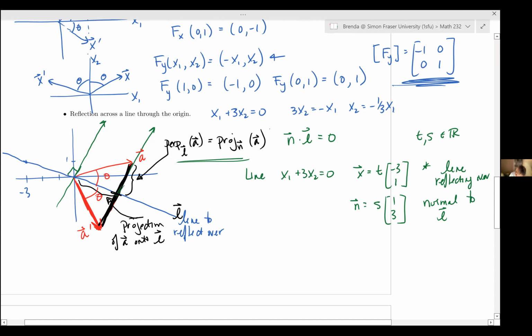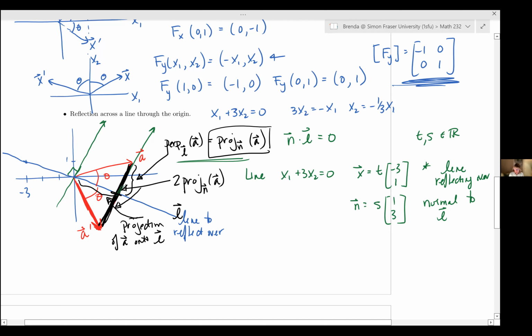Half of it is this guy right here. So I am saying that this long black line, considering the whole thing, is 2 times the projection of A onto N.